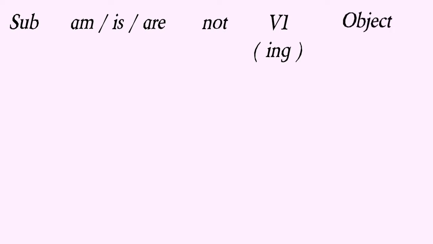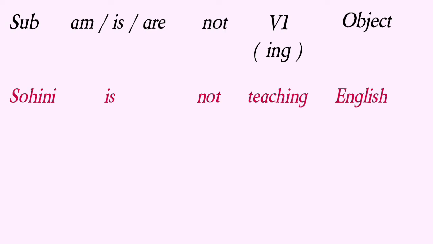Now in the first example we have written Sohini is not teaching English. So in the subject we are placing Sohini, in the am, is, are we are placing the helping verb is, in the not we are placing not, in the first form of the verb we are placing teach and adding ing, that is teaching, and in the object we are placing English.